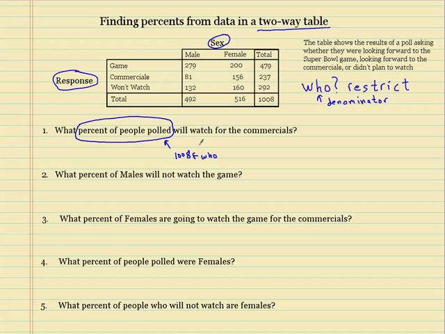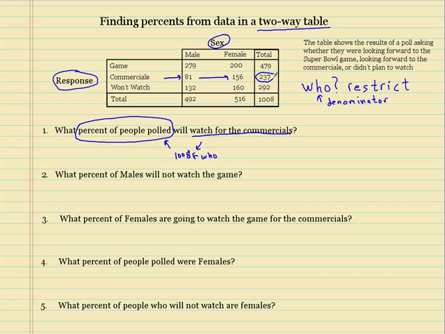Out of these 1,008, how many wanted to watch for the commercials? We're not interested in males or females. There are no conditions here. Just out of these people, how many want to watch commercials? If I go to commercials here and arrow over, there's 81 males, there's 156 females.